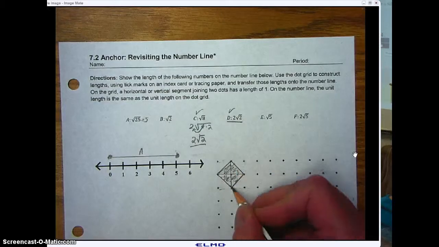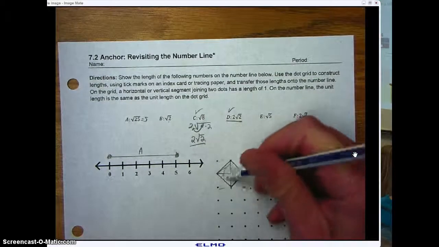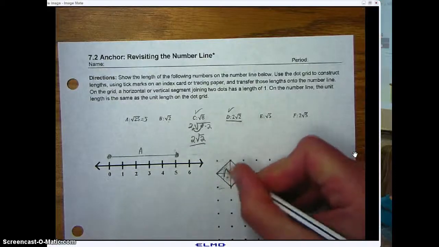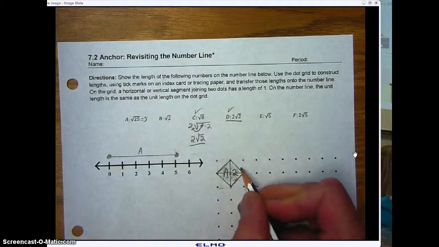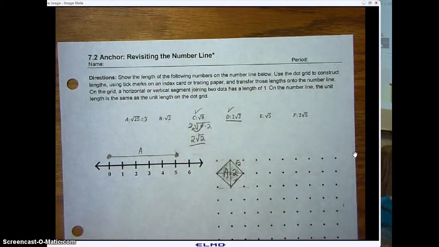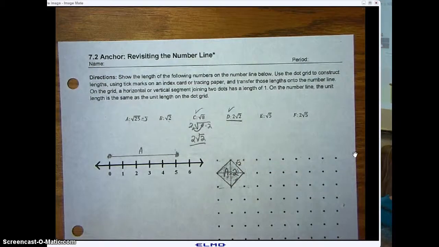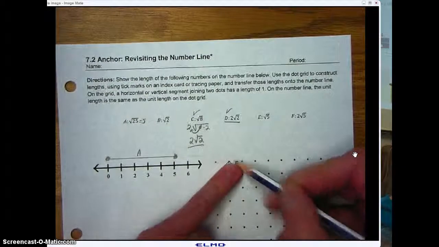These side lengths are the square root of 2 because this, and I'll erase this, has an area of 2. Therefore the side length must be the square root of that, so that has a side length of square root of 2. So just like using your finger or something, see how long that is?